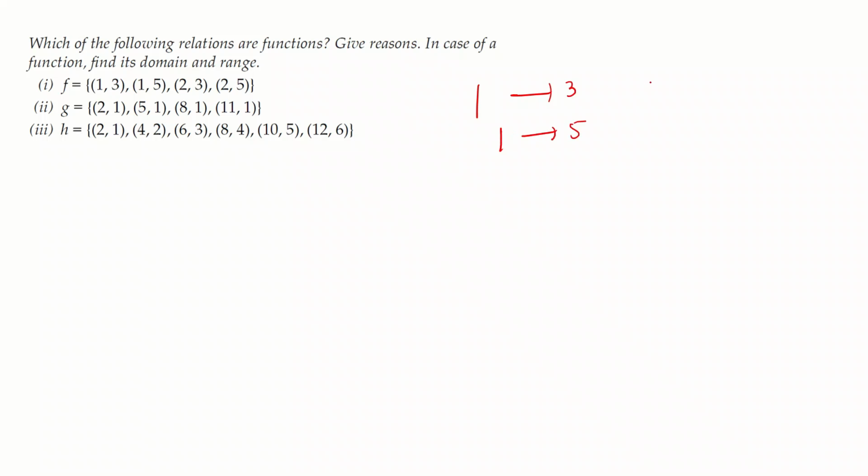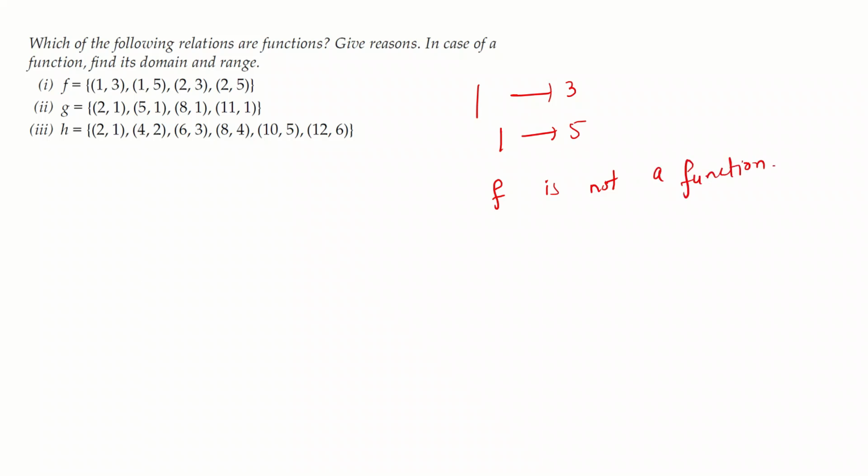So this one is not having a unique image in Y. So this F is not a function. It is definitely a relation because it is a subset of some ordered pairs, but F is not a function. It is just a relation and not a function.